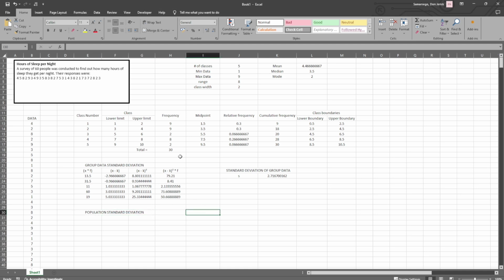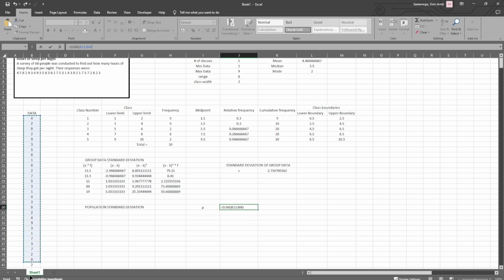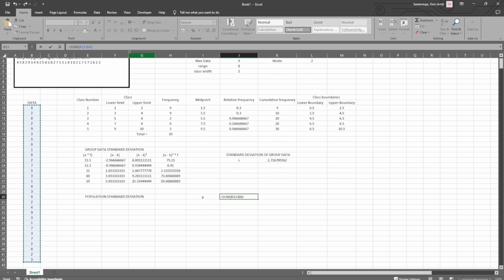First thing we need to get is the u. The u function is equal to the summation of data divided by the total frequency.